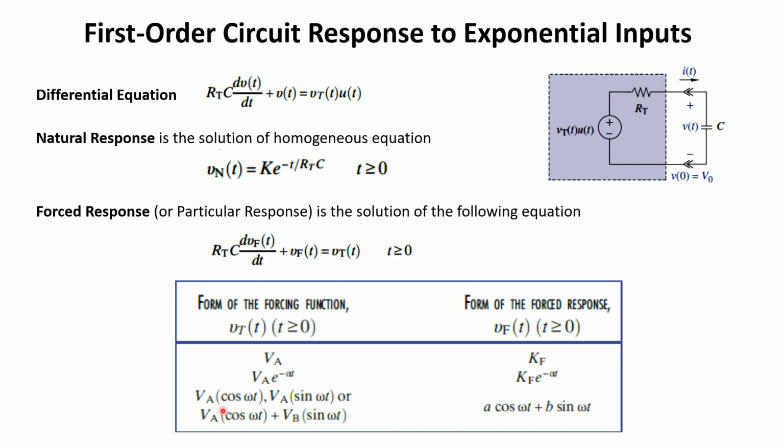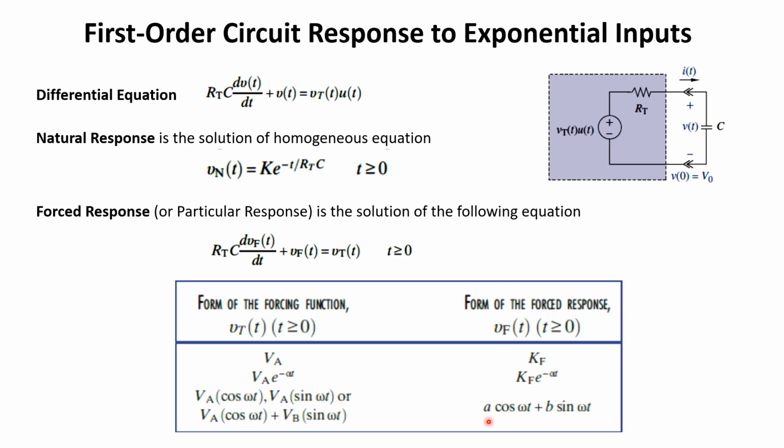And if the form of the forcing function is sinusoidal, represented as cosine omega t or sine omega t, or a sum of cosine and sines, whatever form, all are sinusoidal waveforms, the forced response will be another sinusoid.